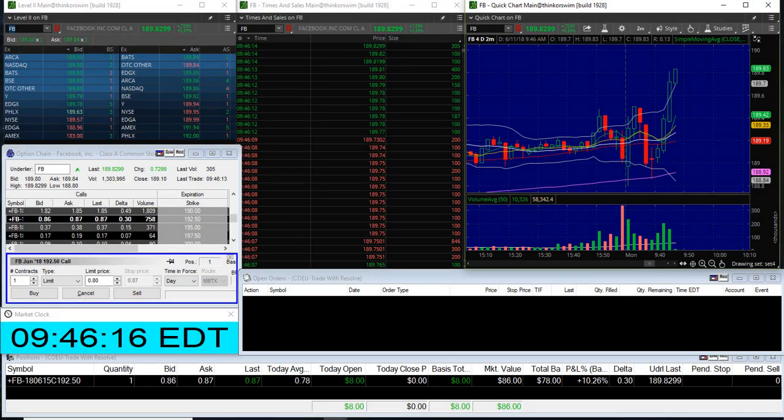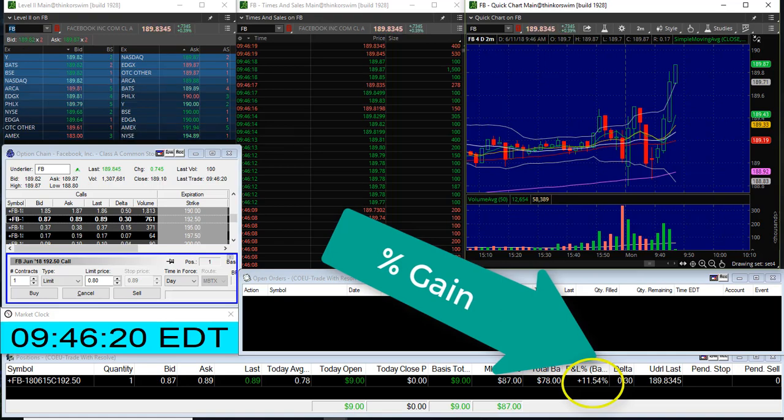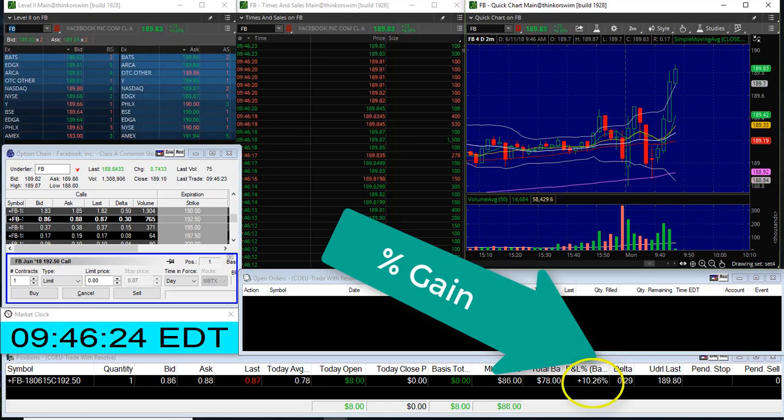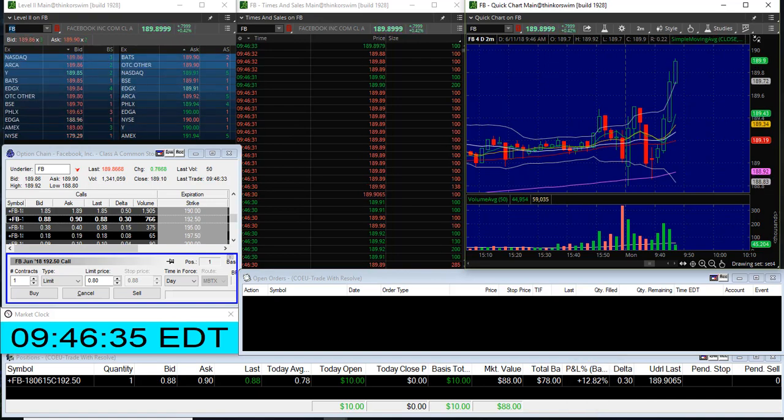So you buy call contracts when you believe the stock price is going to increase. You can see here I'm up 10% at this point. Now I know that 10% of $78 is not much, but again, this is just an example to demonstrate what is possible when getting involved in options. Had I invested $1,000, I would have been up a little over $100 at this point, which is fantastic for just a few short minutes.